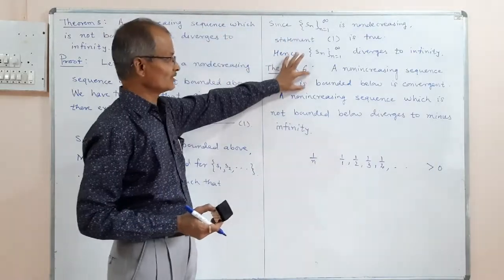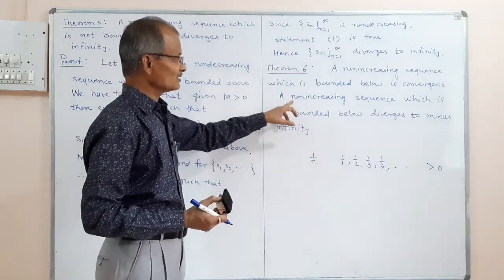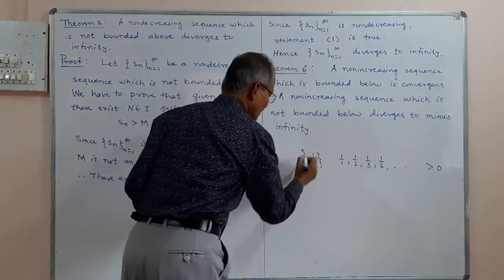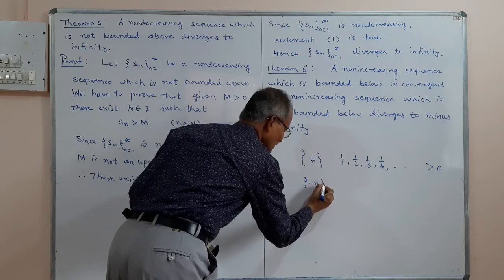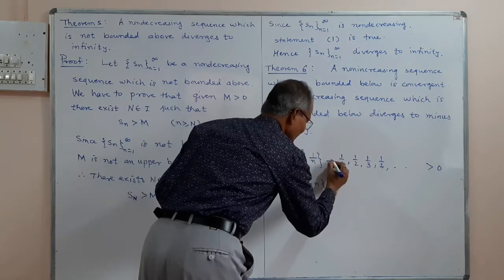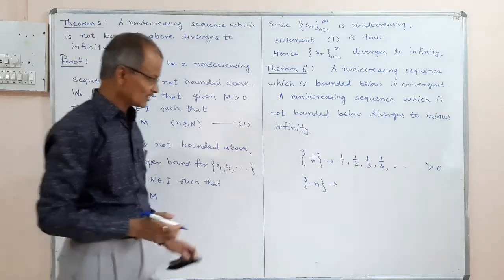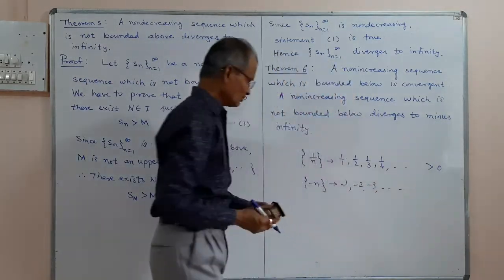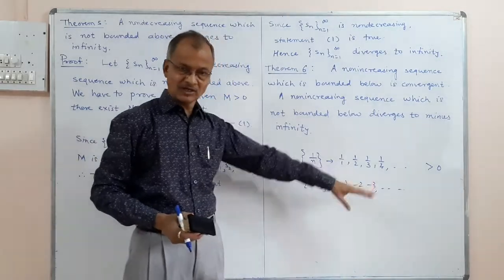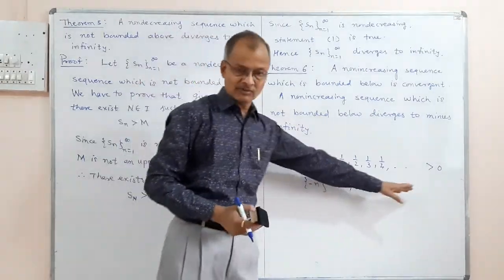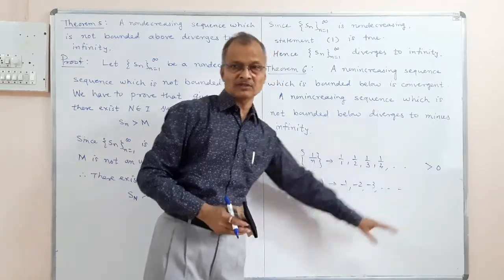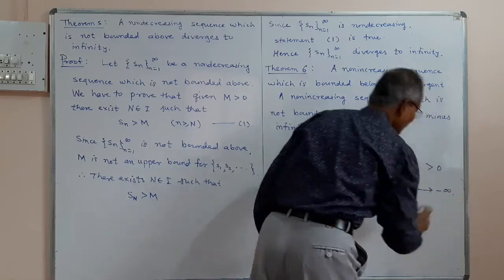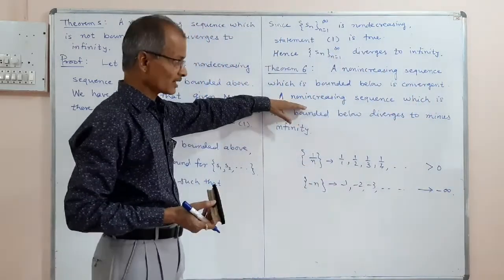So that is the meaning of this result. And for a non-increasing sequence which is not bounded below, we may consider the sequence minus n. The terms are minus 1, minus 2, minus 3, etc., and you see the terms are non-increasing, actually decreasing. And this is not bounded below. There is no lower bound for this sequence, and therefore this sequence diverges to minus infinity. So that is the example for the second part.